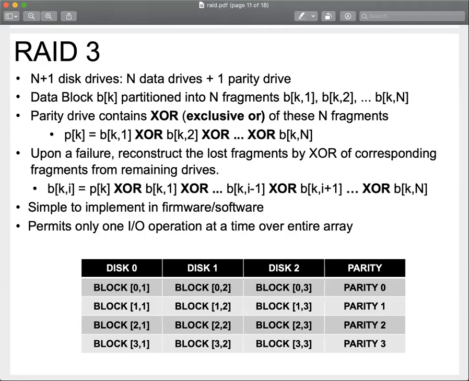In RAID 2, we had to do error detection, right? But in RAID 3, we don't have to do error detection. The disk itself provides you error detection, so we can focus on error correction. Once the disk says I have failed, then you can replace it and reconstruct it. So we focus on error correction. So, all right. Does that make sense? Any questions?